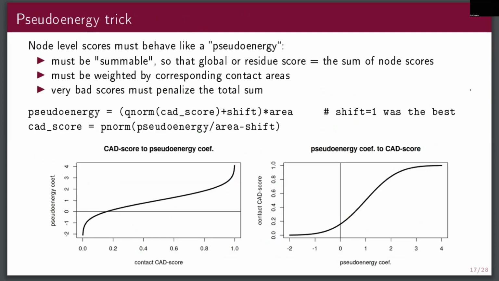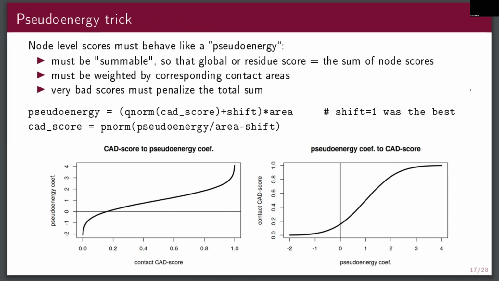But CAD-scores of contacts are not convenient things. So we do a pseudo energy trick. So we make them summable, and we weigh them by contact areas, and we make a transformation so that really bad CAD-scores just penalize the total sum of pseudo energy. So these are conversion formulas.